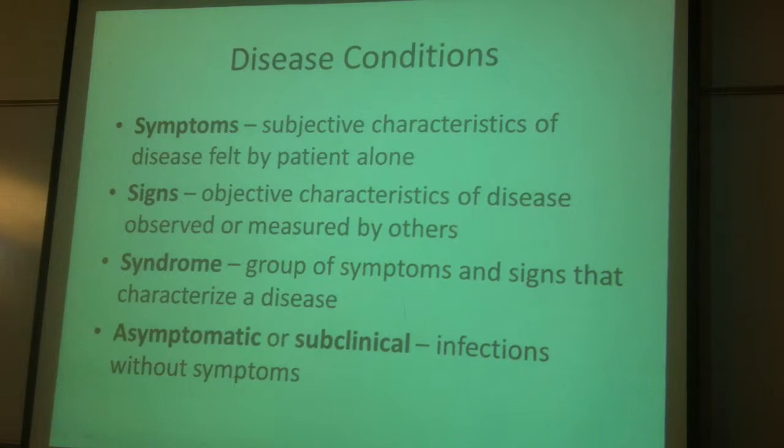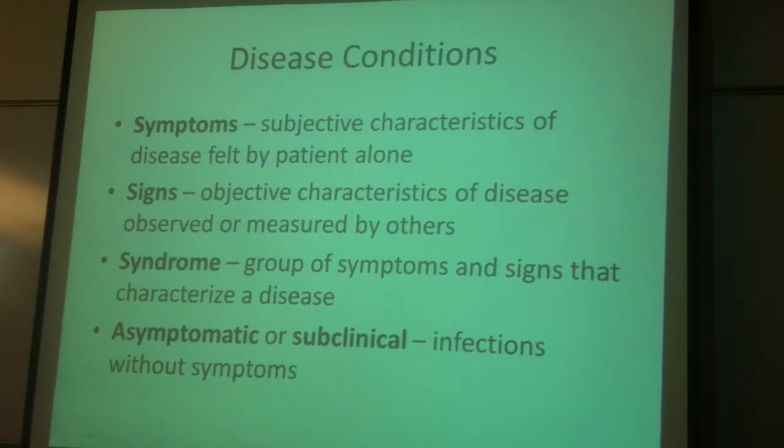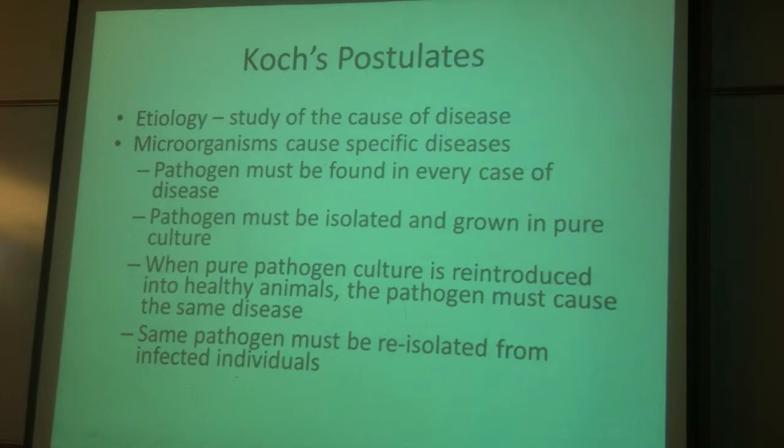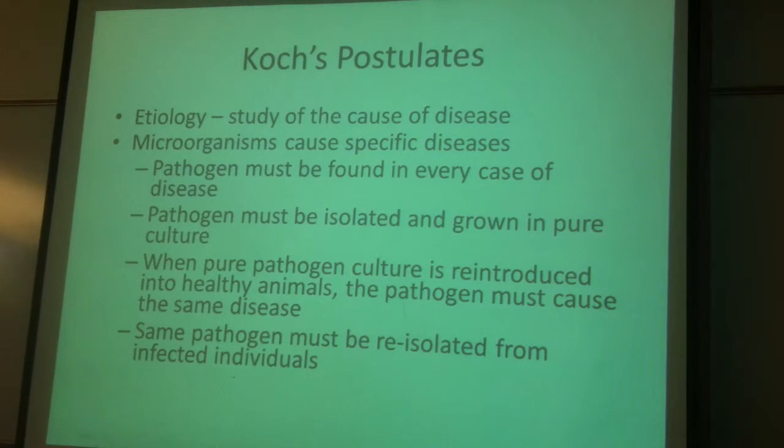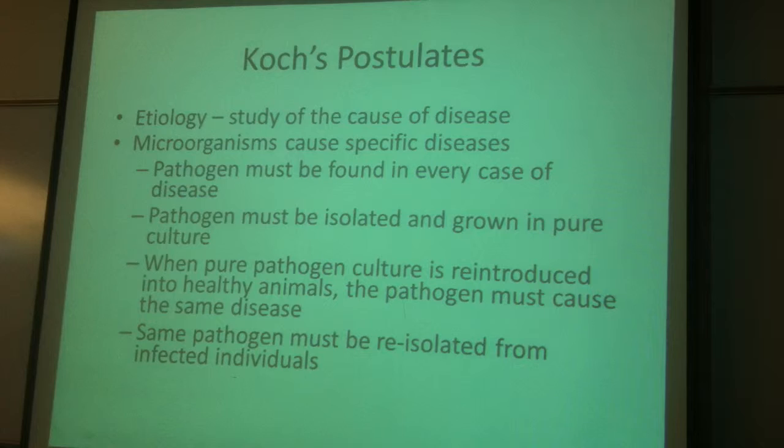How do we study or figure out what's responsible for causing diseases? Koch's postulates. Okay? So, basically you're trying to figure out, did this pathogen cause disease? If so, that pathogen has to be there in every single case.